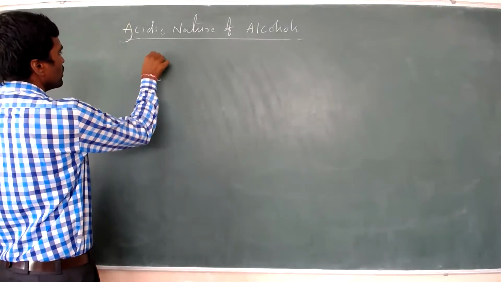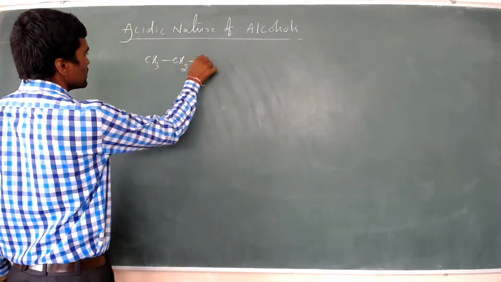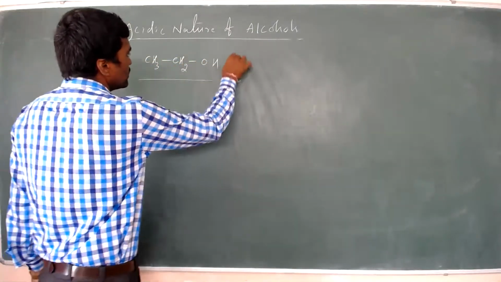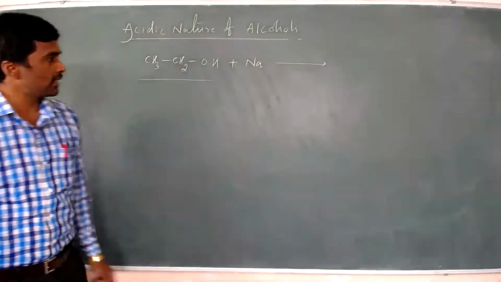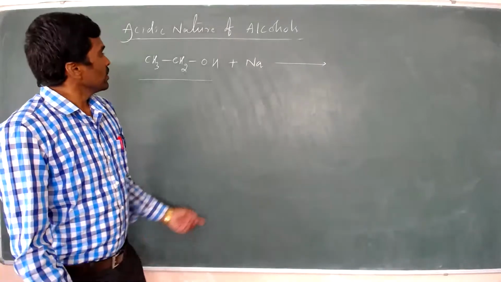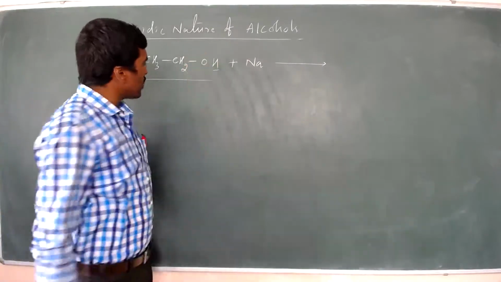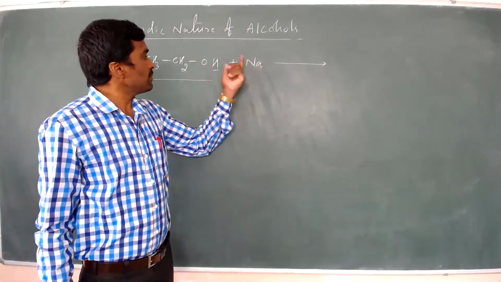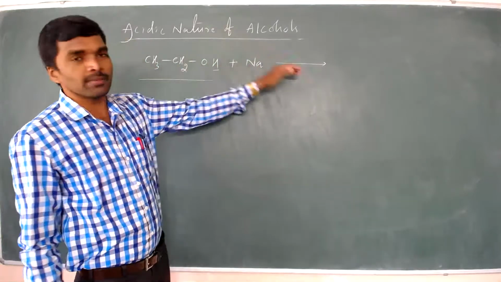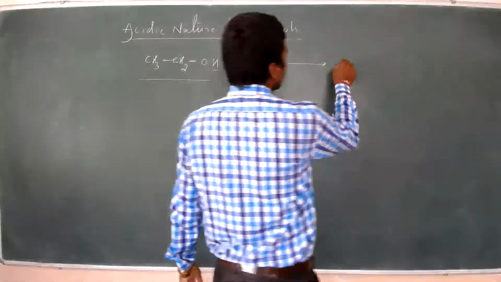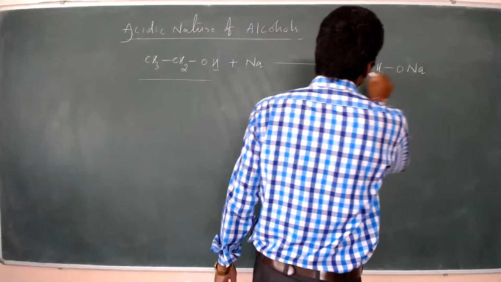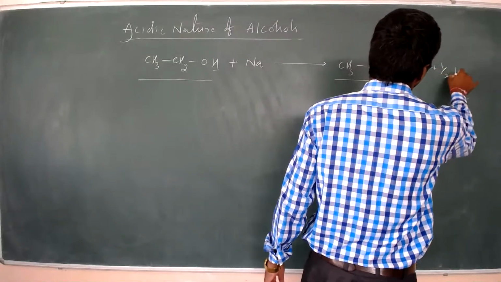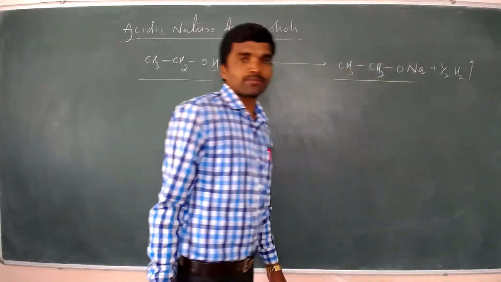First of all, I am taking CH3CH2OH. Ethanol reacts with sodium metal. Here hydrogen is attached to oxygen, so sodium metal can replace the hydrogen from ethyl alcohol, forming sodium ethoxide and liberating hydrogen gas.